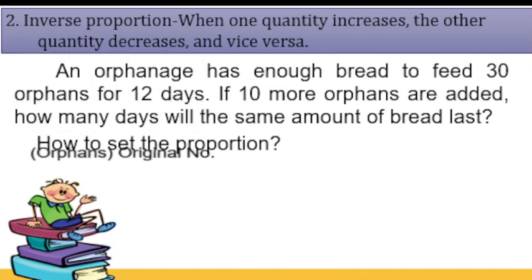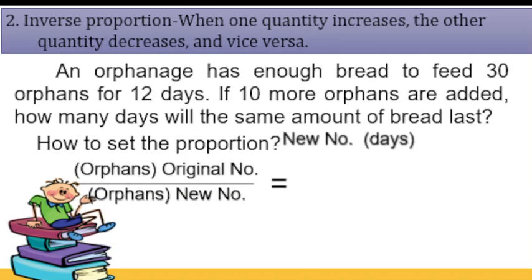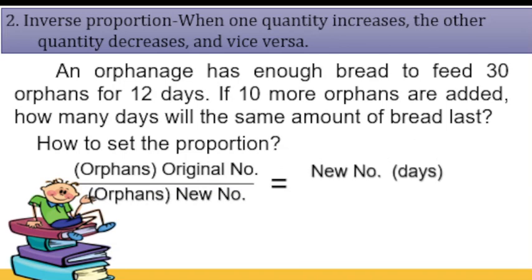So we have to write orphans, that is the original number, over the new number. And that is equal to the new number of days over the original number of days. How many orphans?